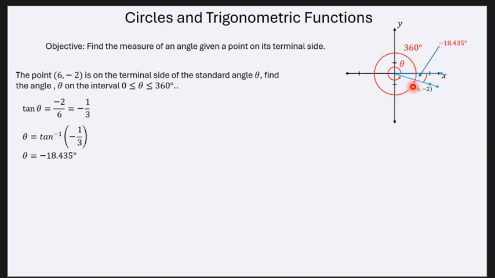It brings me right back around, but now it gives me a positive angle. So all I have to do is take that angle I got and add 360 to it. So for angles in the fourth quadrant, we actually have to add 360 once we get the arctangent. This gives me 341.565. And that would be the end of our video.